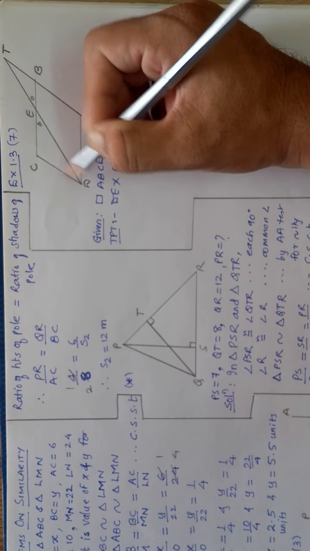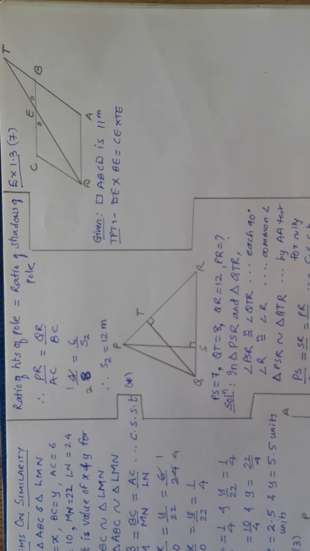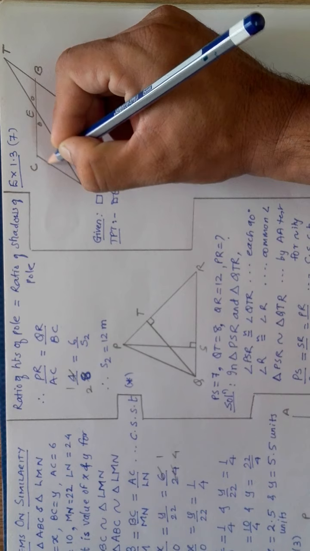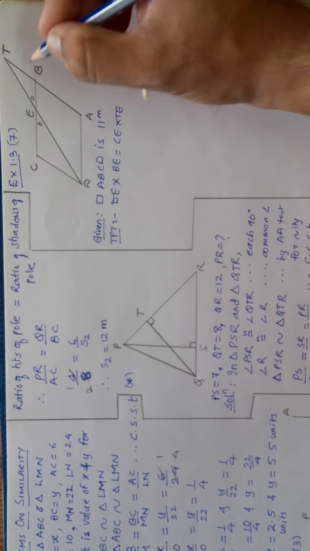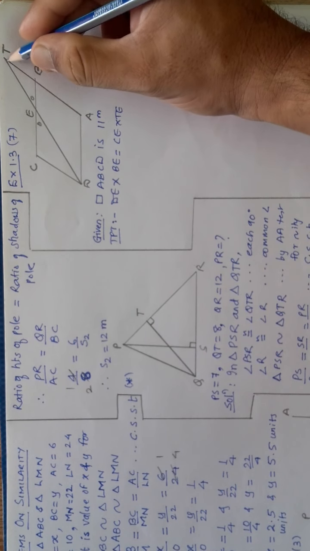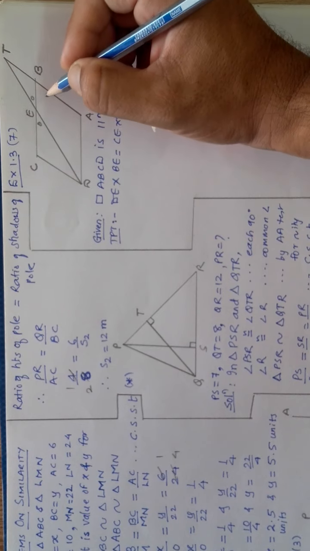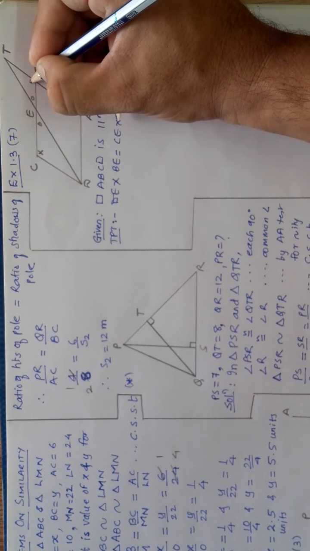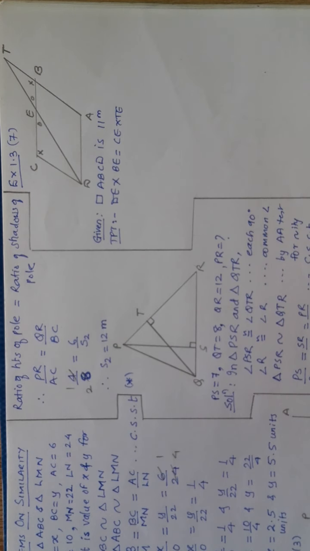These are also alternate angles, and lines are parallel, so obviously these two also will be congruent. So here the parallel lines will be CD parallel to AT, and this will be your transversal. Only the transversal will change. So you can take this angle also congruent to this angle. So these two I will write first.